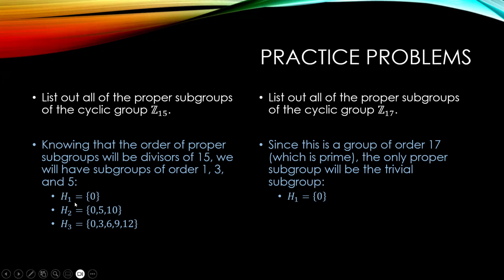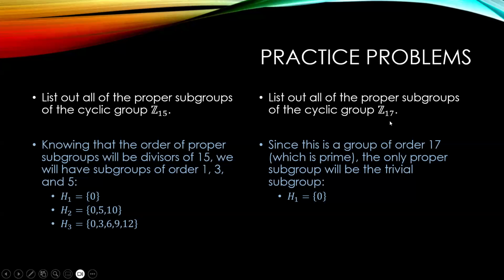So our subgroup of order 3 would be 0, 5, 10. For a subgroup of order 5, that would mean after applying it 5 times, we're going to get to 15. So that means we're starting at 3: 3, 6, 9, 12, and then that brings you back to 0.